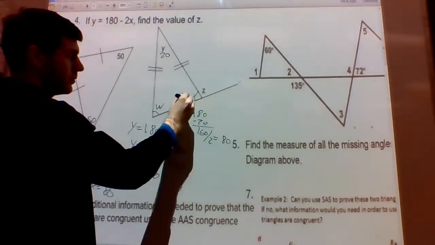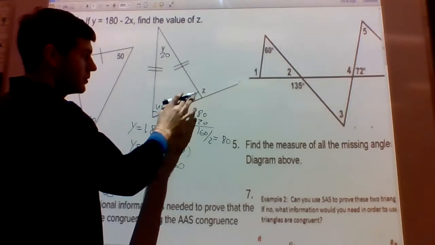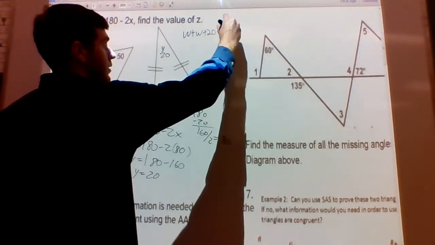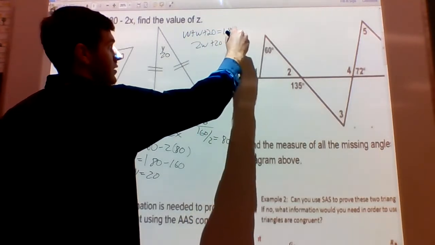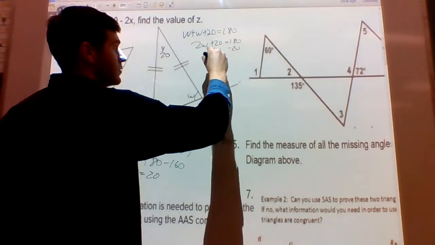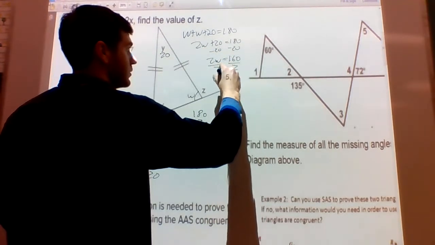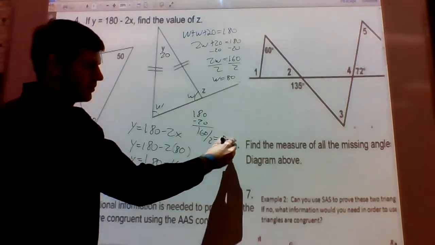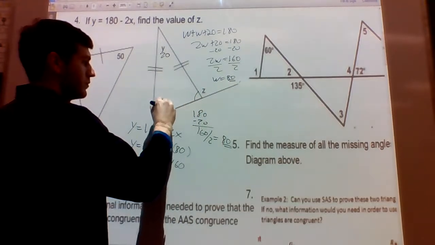Okay, w plus w, right? If this angle is w, that angle is also going to be w. W plus w plus 20 is 180. So 2w plus 20 is 180. So minus 20, 2w is going to be 160, divided by 2, w is 80. So either way, we get 80 as our value of these two angles.